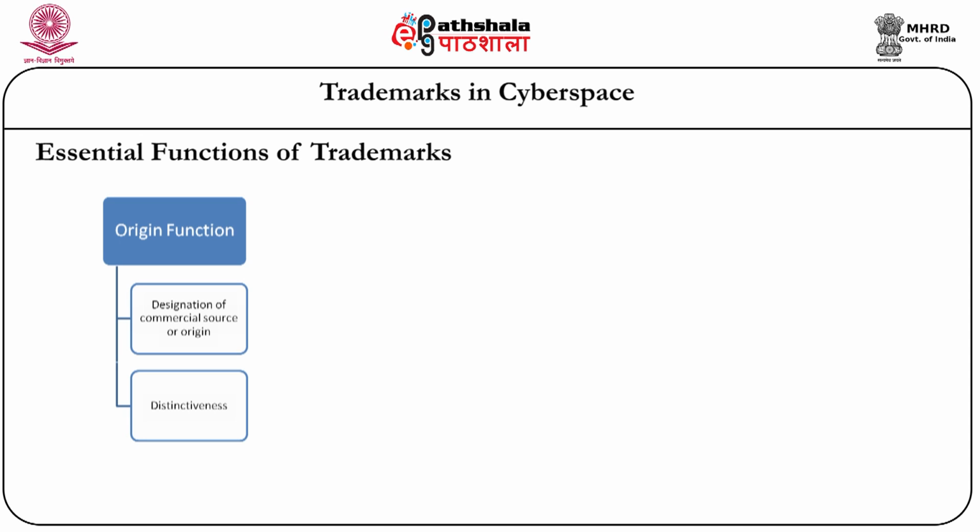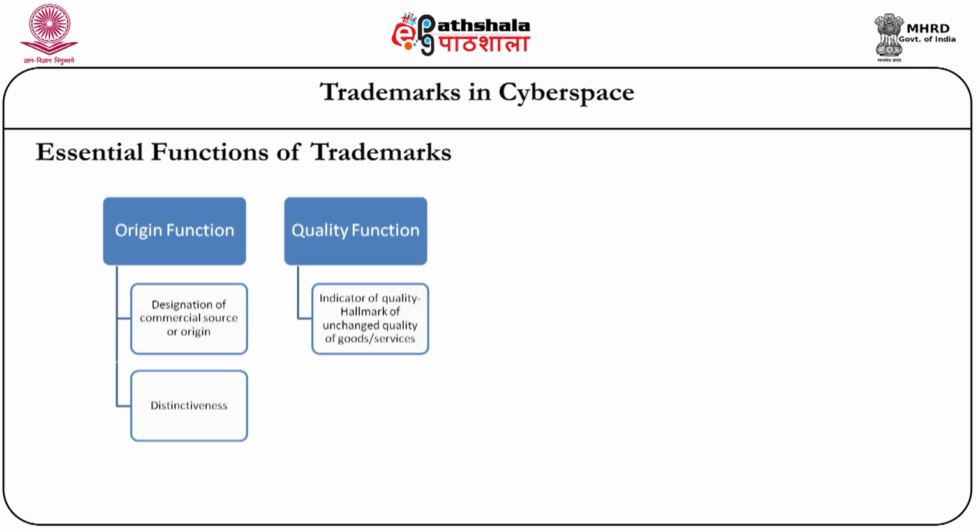The second important function of a trademark, which is recognized by the courts around the world, is the quality function. A trademark is a very good indicator of the quality of a particular good or service. A trademark is a hallmark of the unchanged quality of a particular good or service.